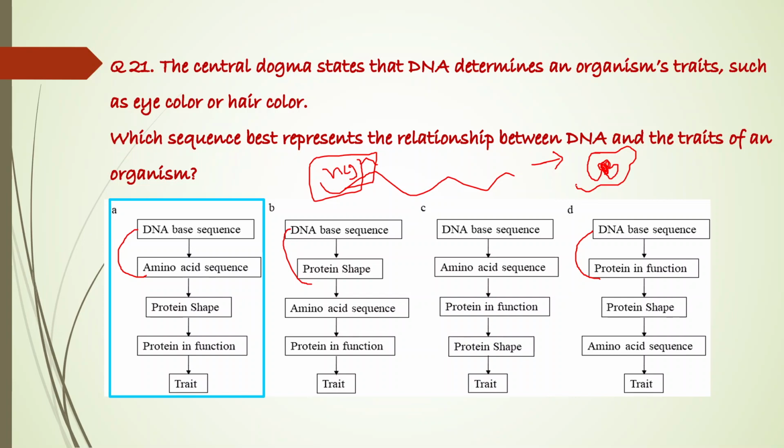Now whichever shape it gets, depending on that, it will function. After they get their sequence and fold into their most energetically favorable shape, it can be globular or fibrillar proteins.